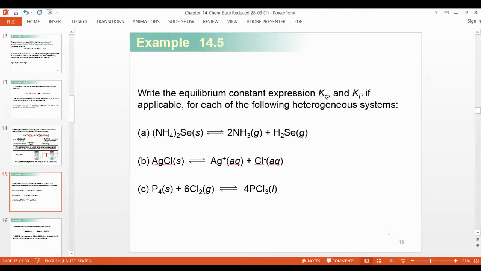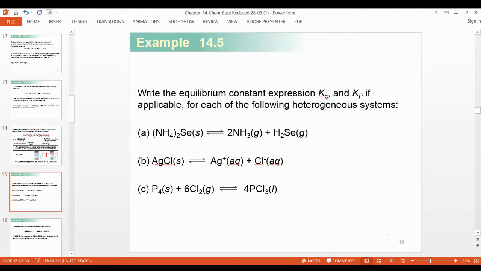First one, Dr. Ali. First one you write Kp, yes, because of the gas. What about Kc? Both of them, Kc and Kp, because with both you can write.